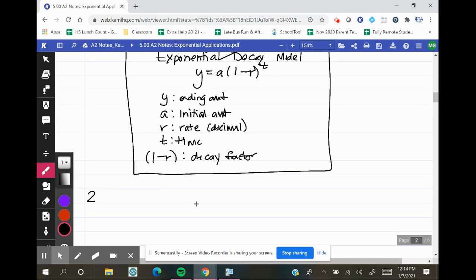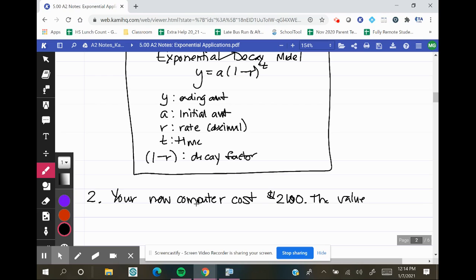And let's do number 2. So you've got a new computer. We know technology gets old very quickly. And this new computer cost $2,100.